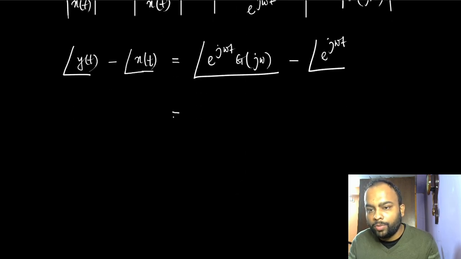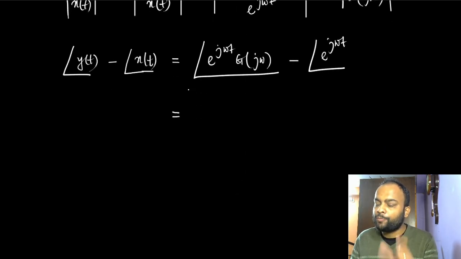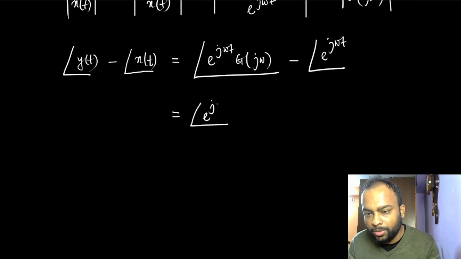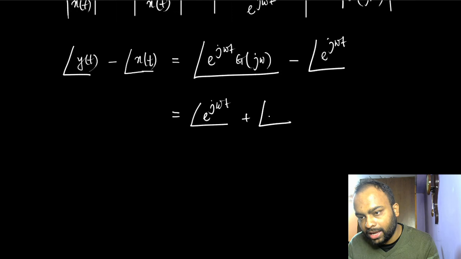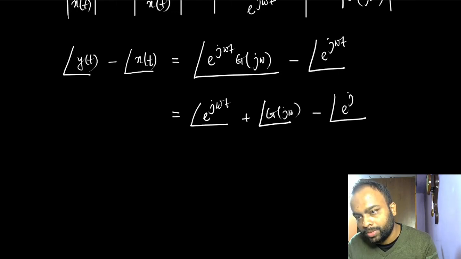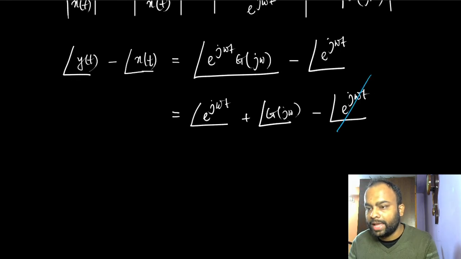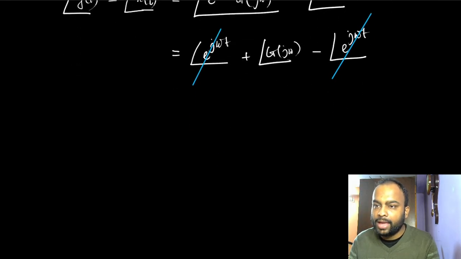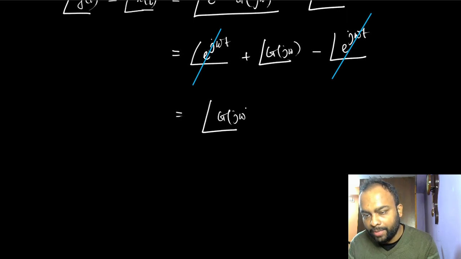We know that the phase angle of a product of two complex numbers is the sum of the individual phase angles of those complex numbers. So this becomes the phase angle of e to the power j omega t plus the phase angle of G(j omega) minus the phase angle of e to the power j omega t. Of course these two cancel out, and as such we have the angle of G(j omega).